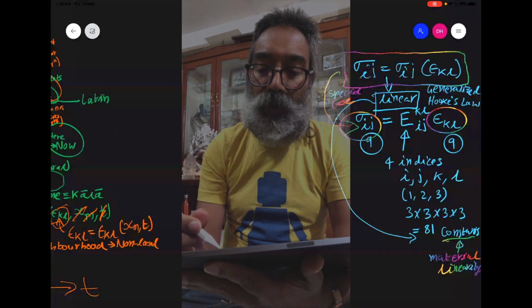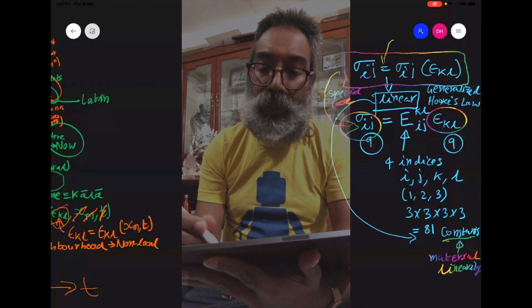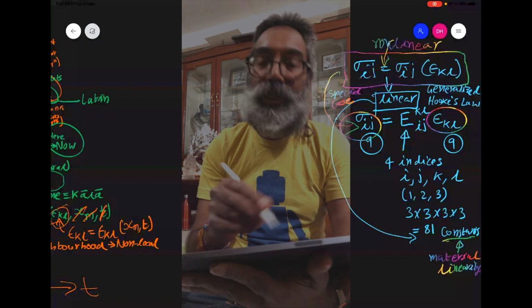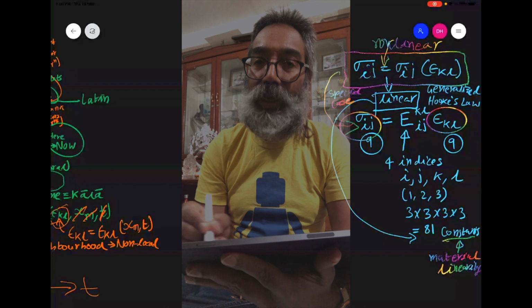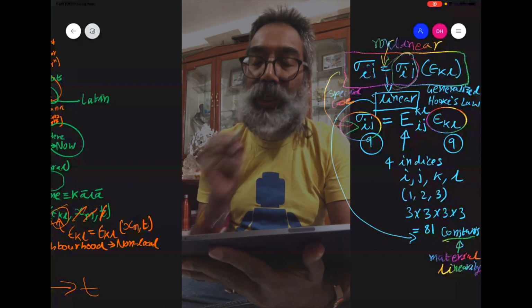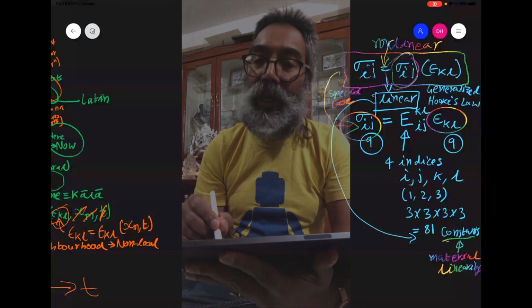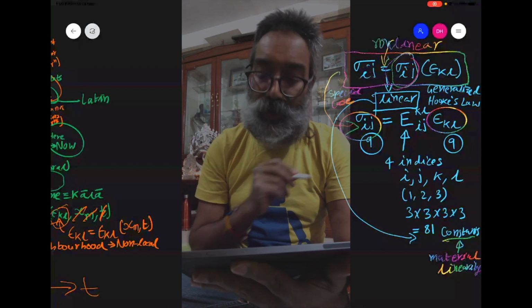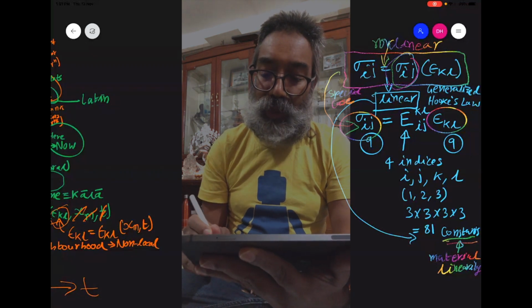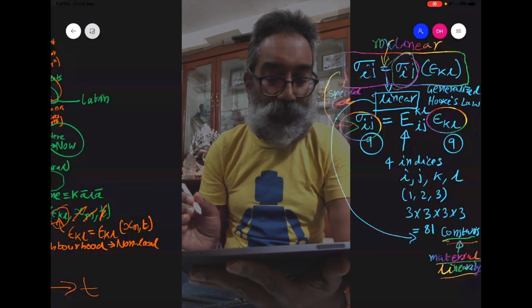Same way, the nonlinear elastic model says sigma_ij depends on this in a nonlinear fashion, whereas a special case of that is linearity, where we are saying that this is the actual dependence, that functional form of how sigma_ij depends on epsilon_kl, is now specifically mentioned to be E_ijkl multiplied by epsilon_kl, where the E_ijkl are all constants, and therefore we are referring to material linearity. Okay? Yes, I got it.